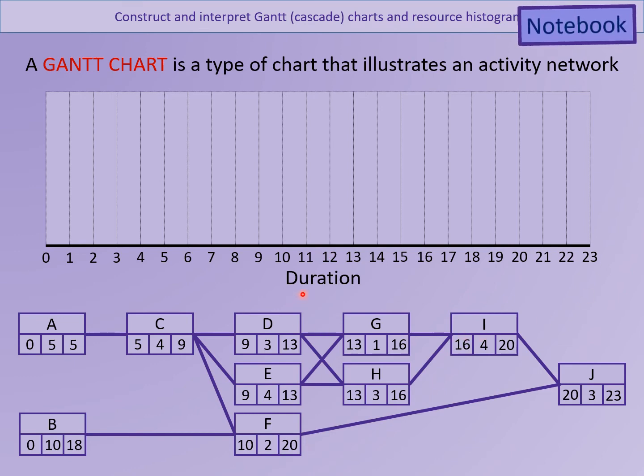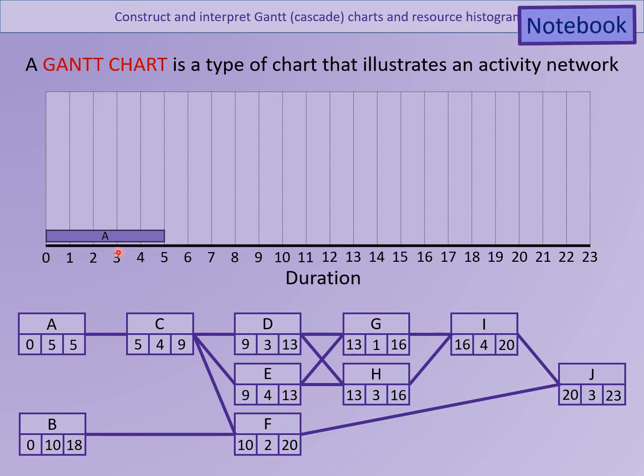Once I've done that, I need to show these activities on this Gantt chart. I could do it a little bit like a box and whisker, drawing the boxes above this line. I'll start with activity A. Keep it nice and neat. Activity A is going to be a rectangle starting at 0, going up to 5.